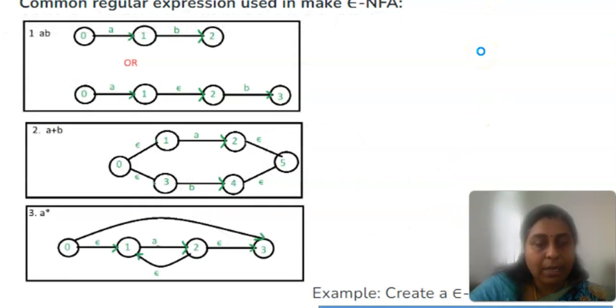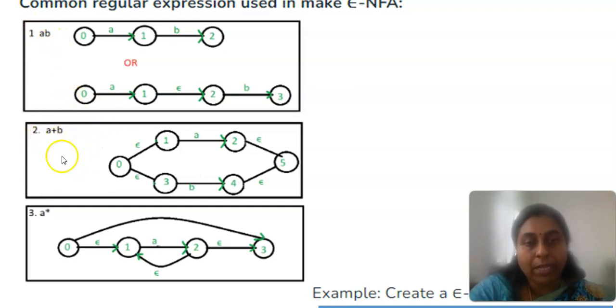So before we start, there is a common thing which we really need to understand, that there are some standard common regular expressions which are described in the form of epsilon NFA, and the very prominent ones are mentioned here. For example, I have the epsilon NFA for the regular expression AB, the epsilon NFA for the regular expression A or B, and the epsilon NFA for the regular expression A star.